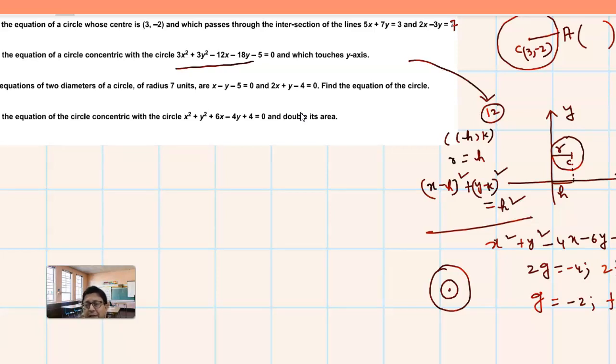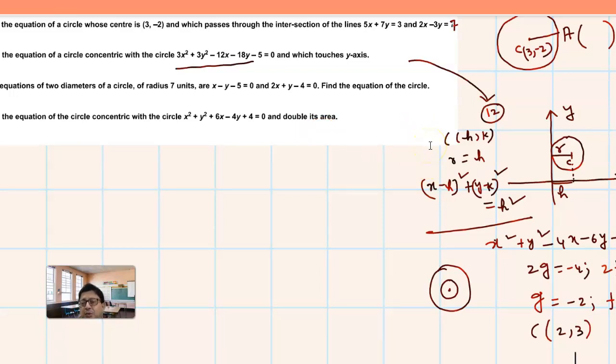Now in this diagram, the point C we can write. What is the coordinate of C going to be? C is the center, that is minus g, minus f. When the circle is in standard form, that general equation, if you refer, the center is minus g, minus f. So this is going to be 2 comma 3. Center is 2 comma 3.